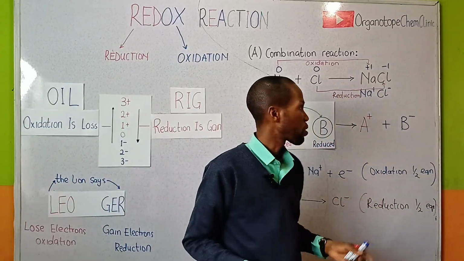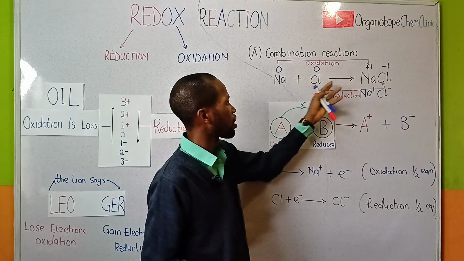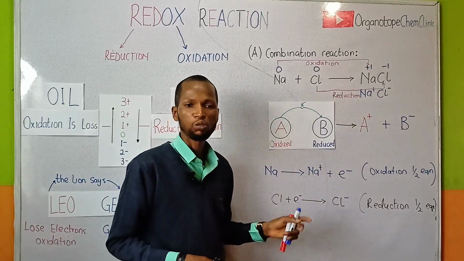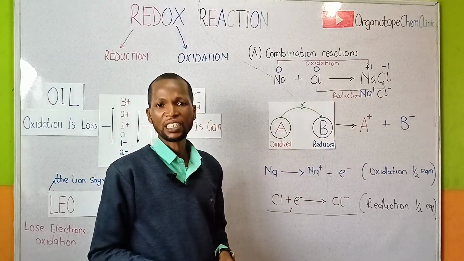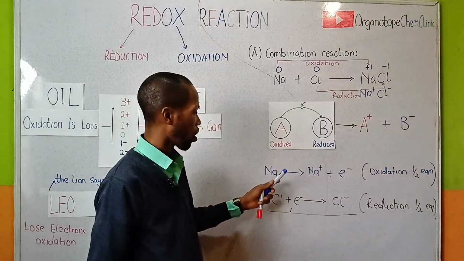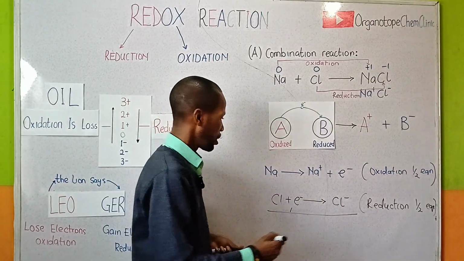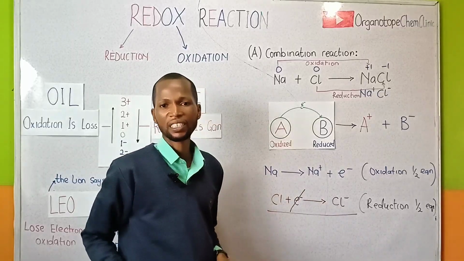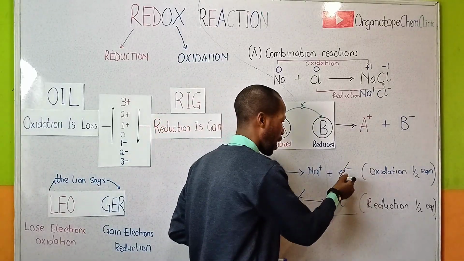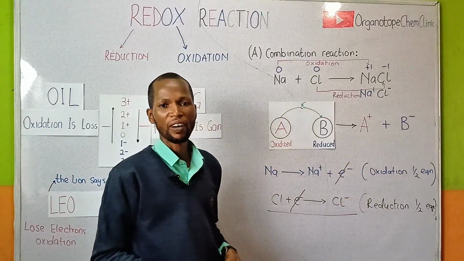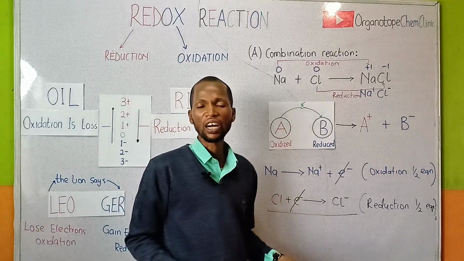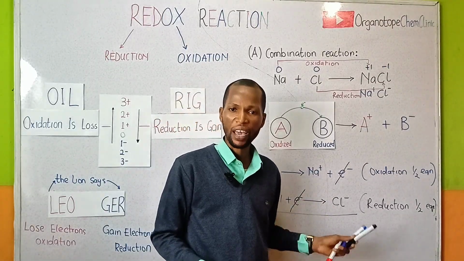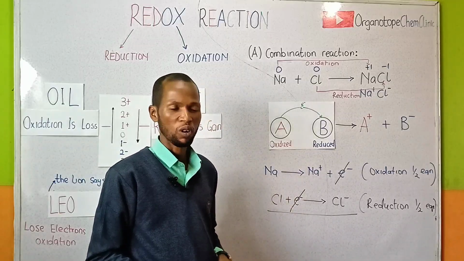Okay, do you know that we can obtain our overall equation by adding the two half equations? Let's do that now. In order to achieve a perfect addition of these two half equations, the electron on the left hand side of the equation will cancel out the electron on the right hand side of the equation, because the number of electrons gained is equal to the number of electrons lost in the two half equations.